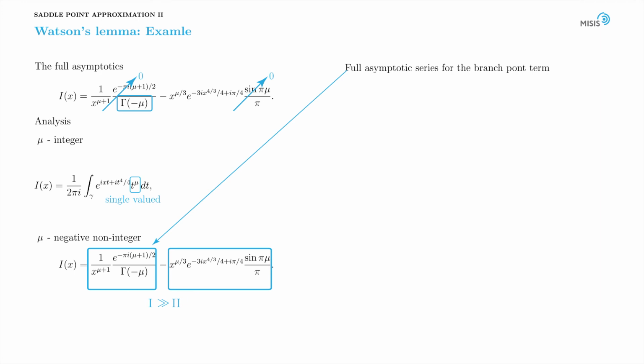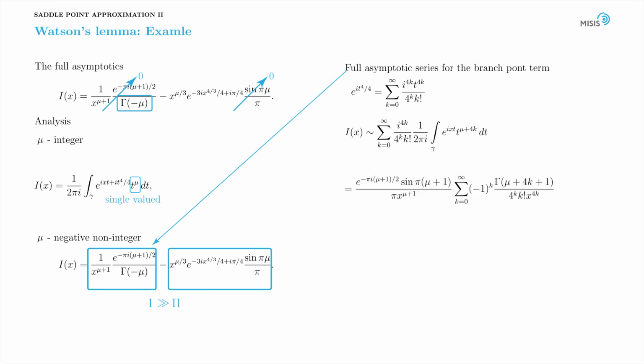It's actually quite easy to build the full asymptotic series for the contribution from the branch point. We simply expand the exponential and compute the integral as an infinite sum. Each term in the sum is evaluated with the help of Watson's lemma, and we obtain the following asymptotic series.